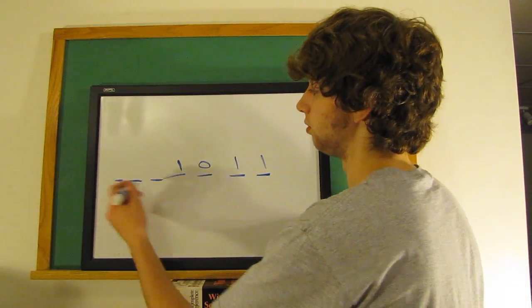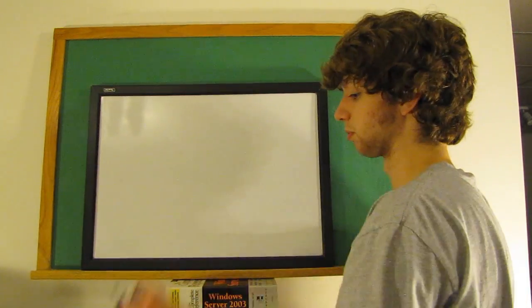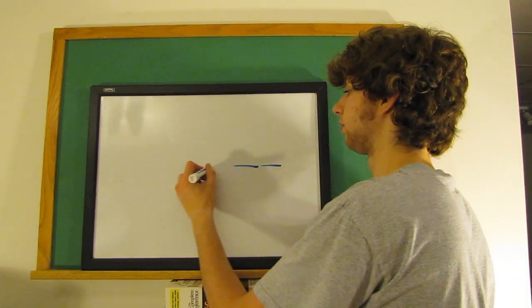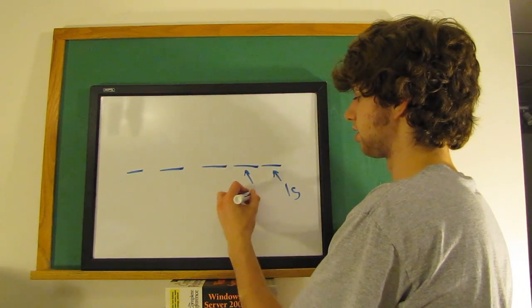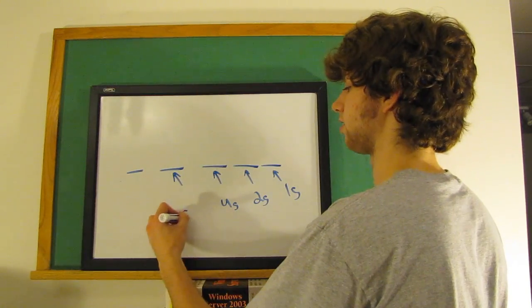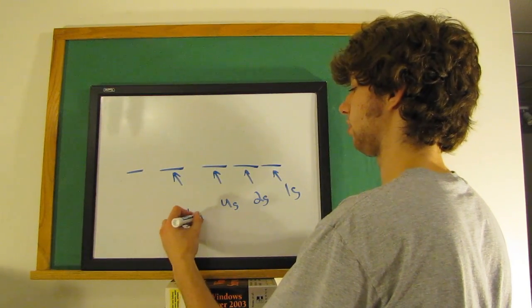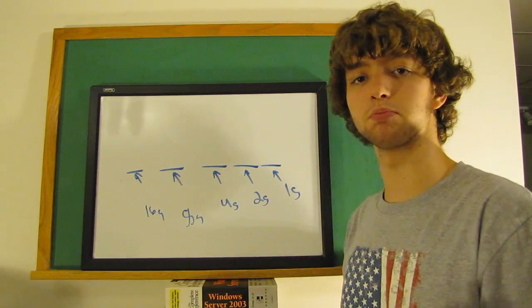Obviously, the larger we get, the more unique values we can use. So when we're working with binary, this is the 1's place, this is the 2's place, this is the 4's place, this is the 8's place, this is the 16's place, and it keeps multiplying by 2 each time.